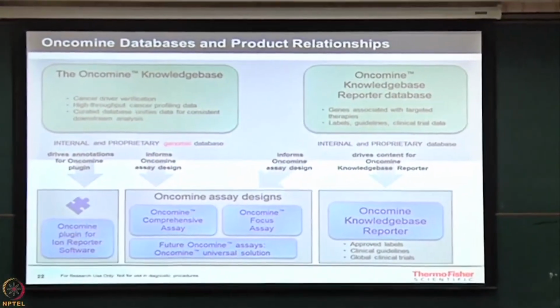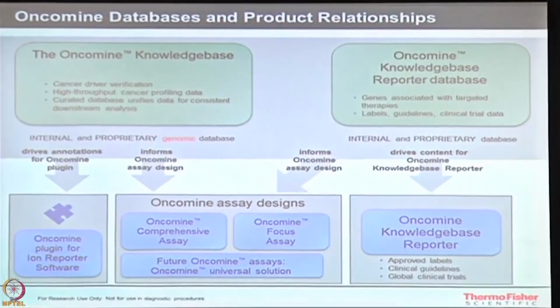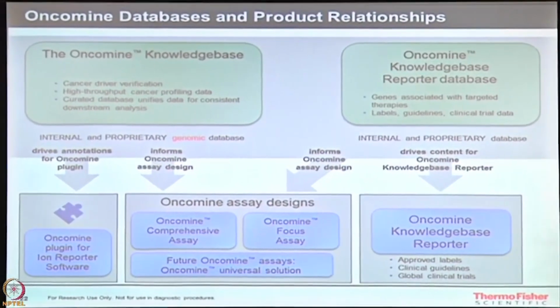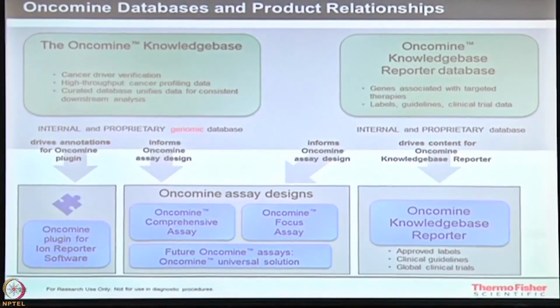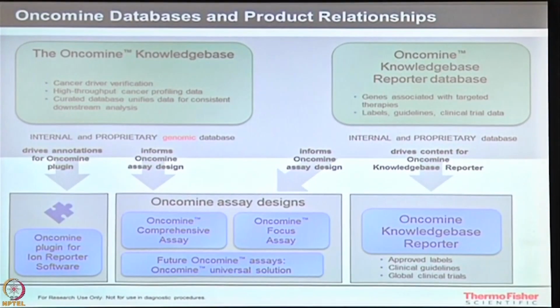Even if you Google it, you will get an idea. It has lots of information regarding cancer. This is specifically for cancer related studies, something which will help you correlate your cancerous variants to the drugs that are available in the market or in clinical trials.